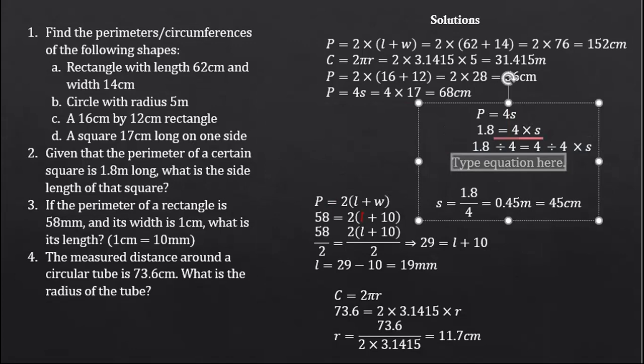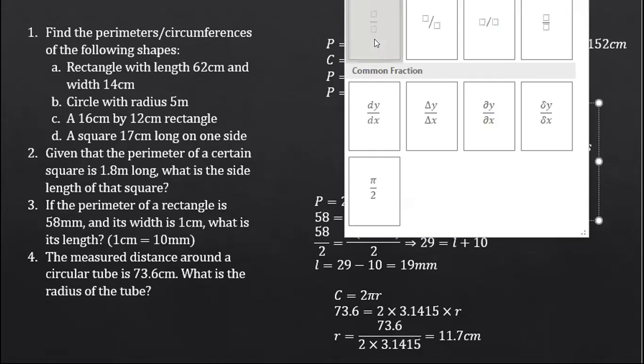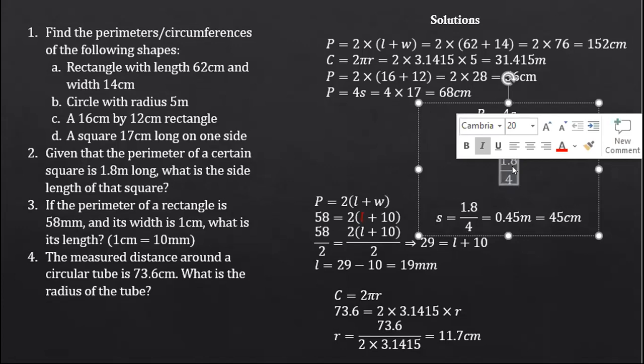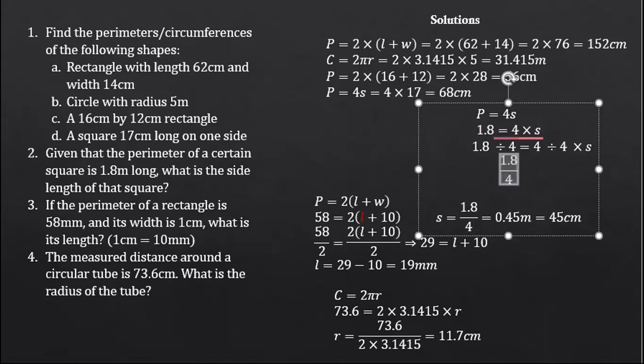So we have 1.8, and we're going to have it as a fraction. So you have 1.8 divided by 4 is equal to 1 multiplied by s.